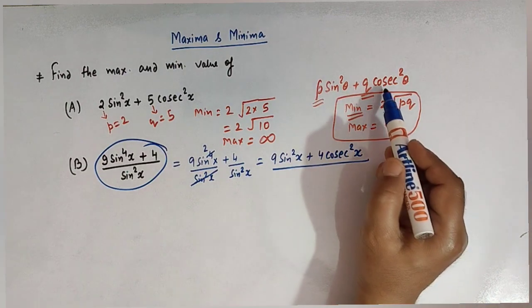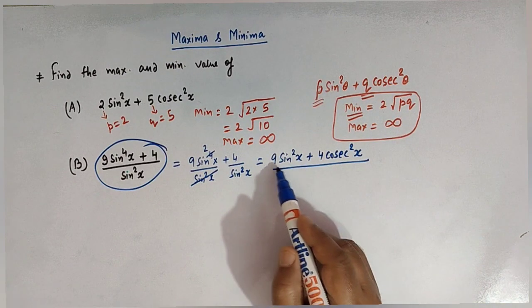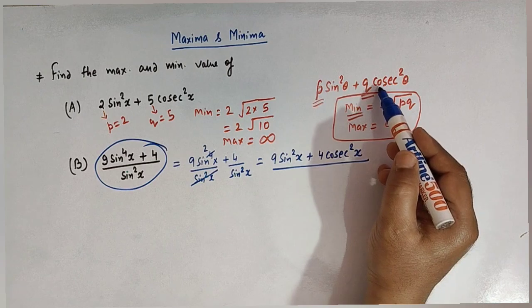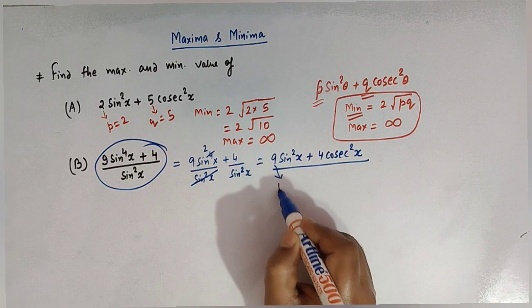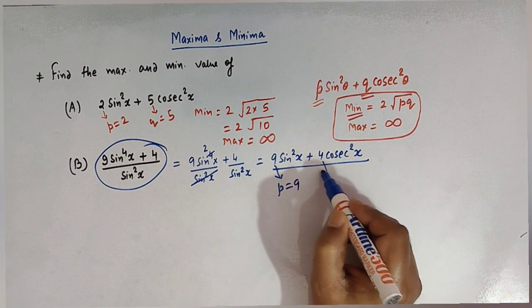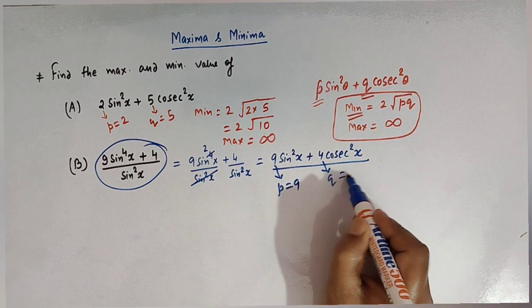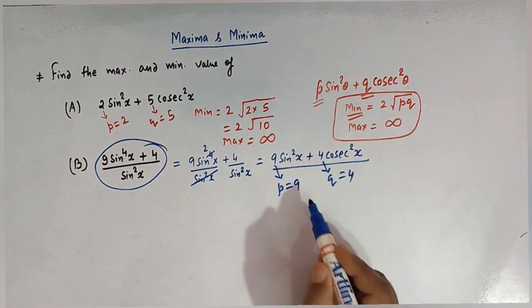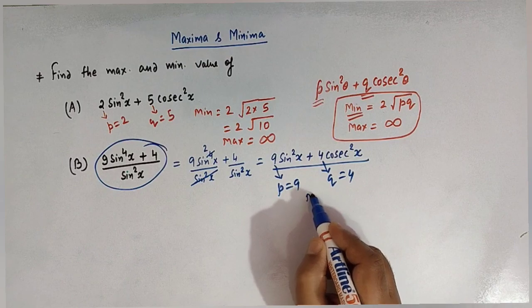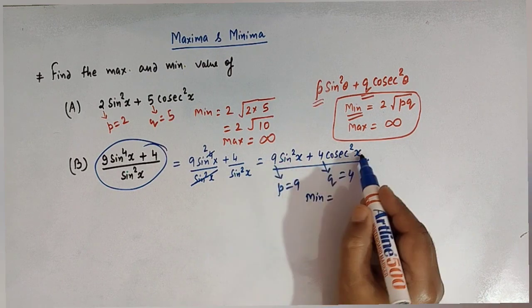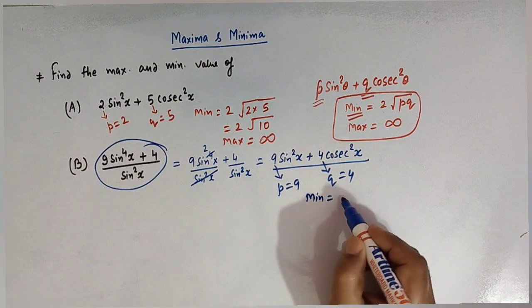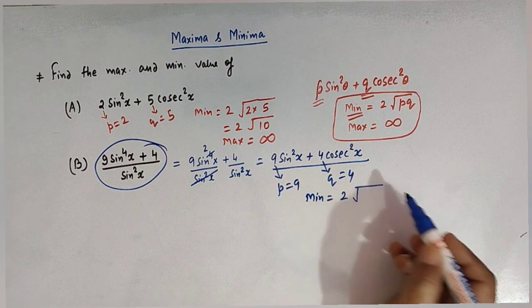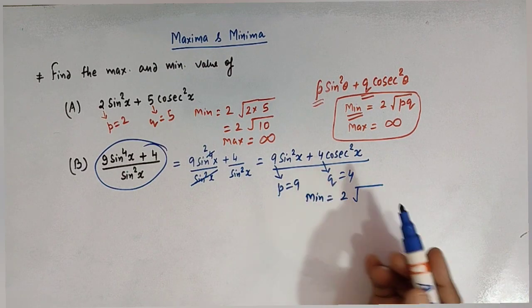So now this expression takes this form, right? And this form is similar to this one, and if we compare this expression with this one, then the value of p is 9 and the value of q is 4, right? So the minimum value of this expression is 2 times square root of the product of p and q.